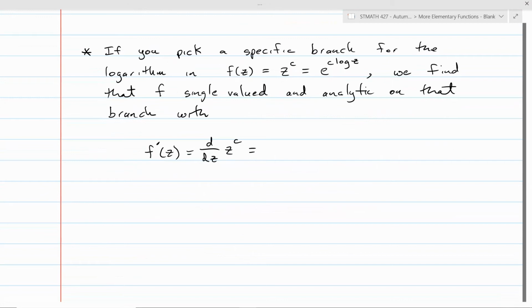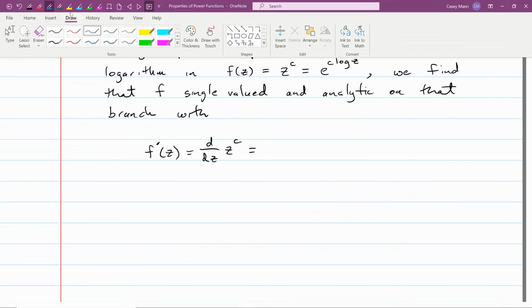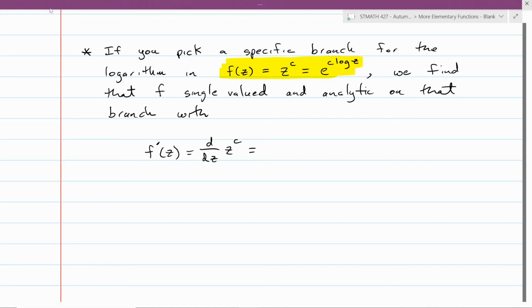So if you pick a branch of that logarithm that's in the exponent of the power function, let me highlight that just for emphasis here. If you're looking at the power function z to the c, you can focus on a particular branch of the logarithm that's in the exponent, and that'll give you a branch of the power function.